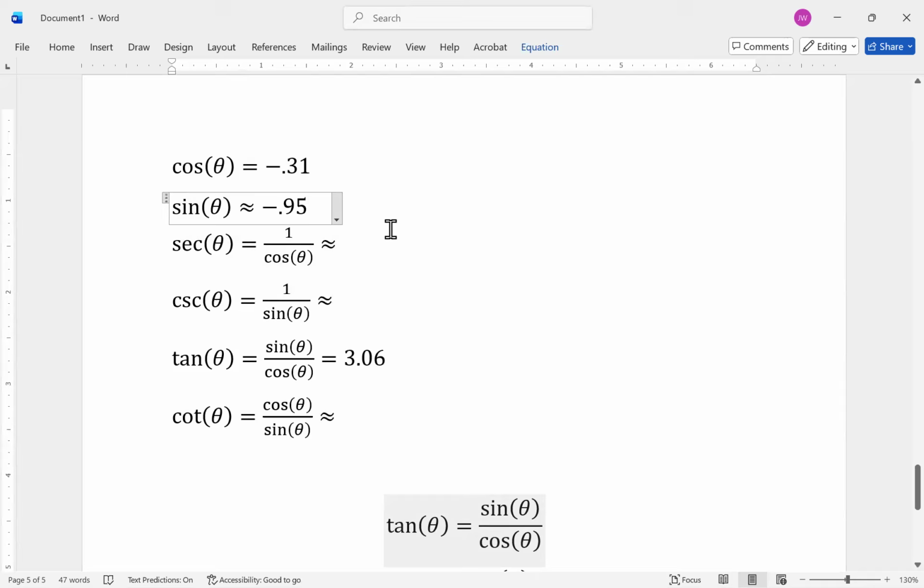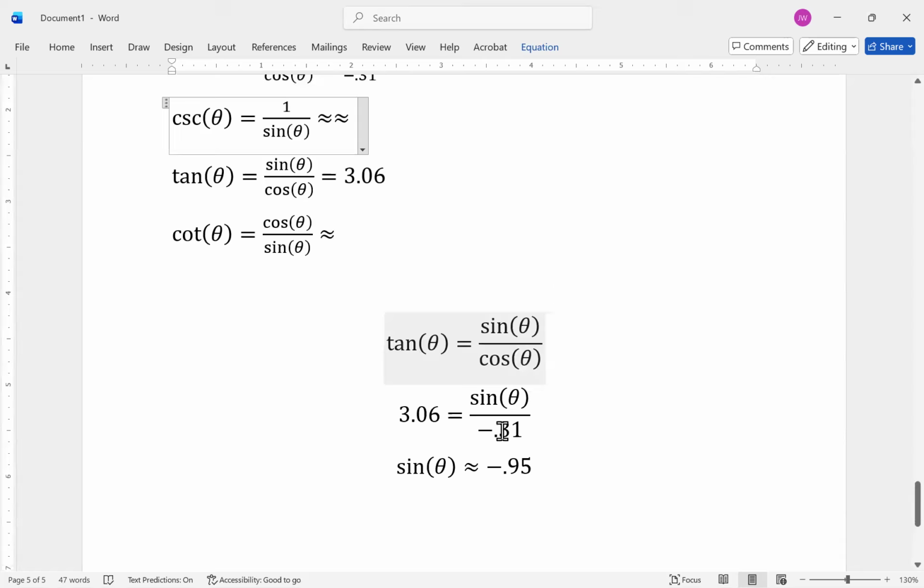And there we go. Now we're off to the races. I can say secant of theta is 1 over cosine. That is going to be 1 divided by negative 0.31. Typing that into my calculator gives me negative 3.23. Cosecant is 1 over sine. So we get the approximate value of what we just found, 1 over negative 0.95.